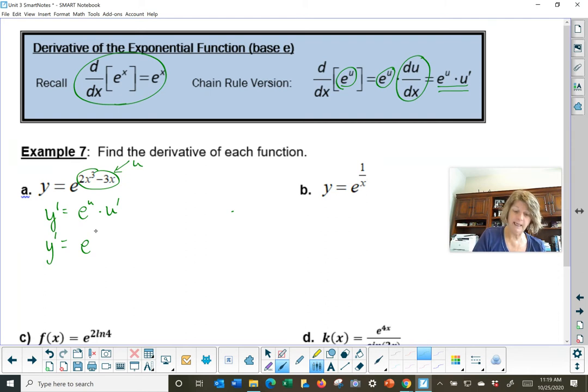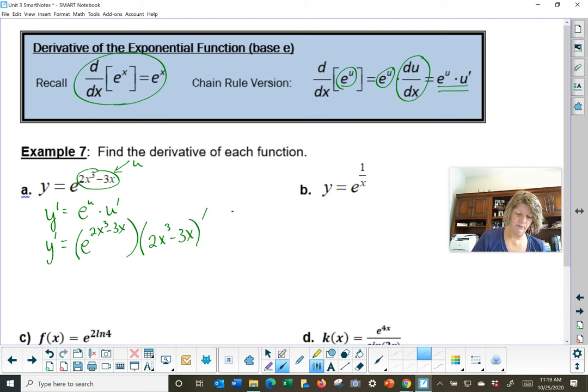So I'm going to get e raised to that u piece, set up a parenthesis because this gets multiplied by the derivative of 2x cubed minus 3x. And the derivative of 2x cubed, well, you know what, I'm going to write it and give you a separate step.